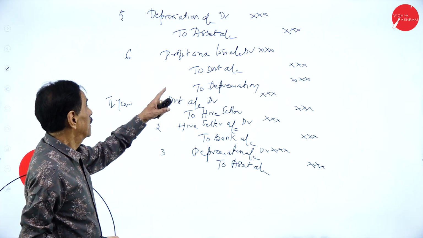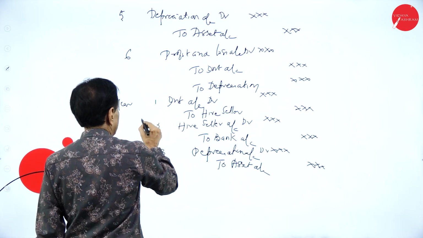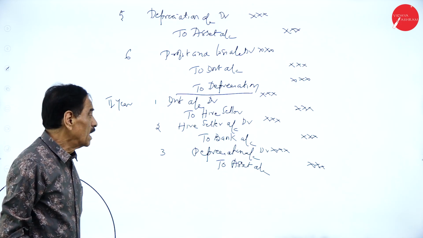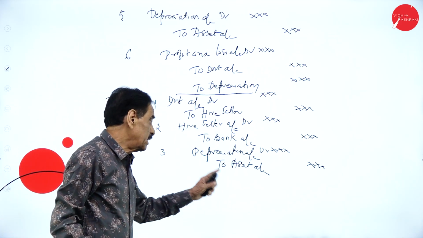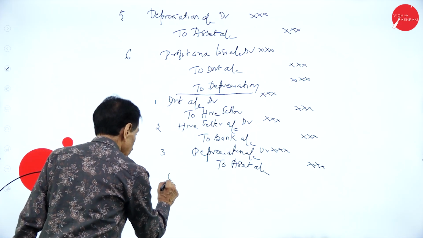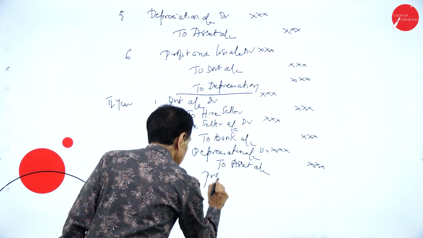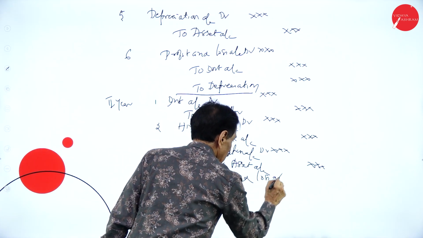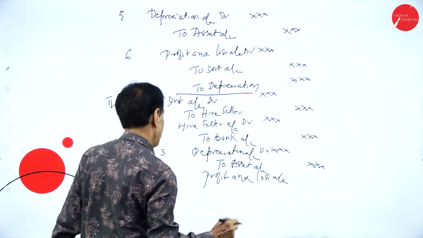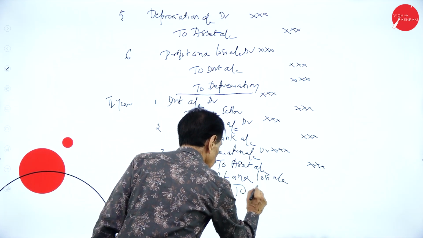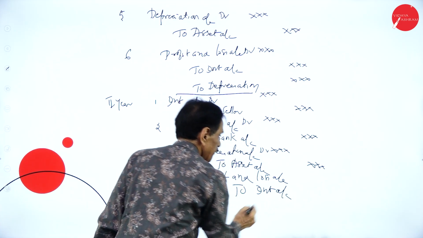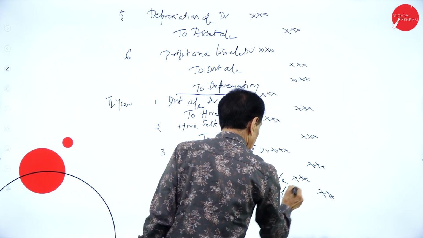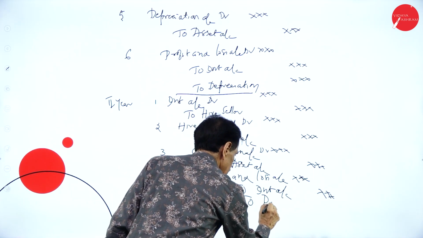Now second year starts here. Interest account debit to hire seller account, hire seller account debit to bank account, depreciation account debit to asset account, profit and loss account debit to interest account, to depreciation account.